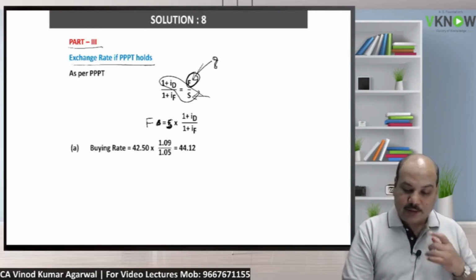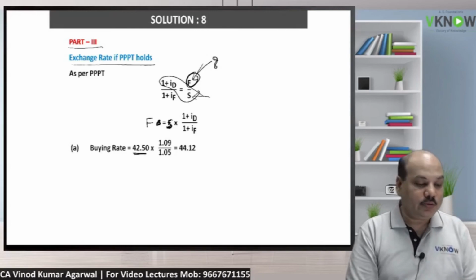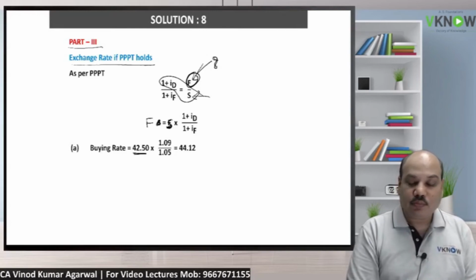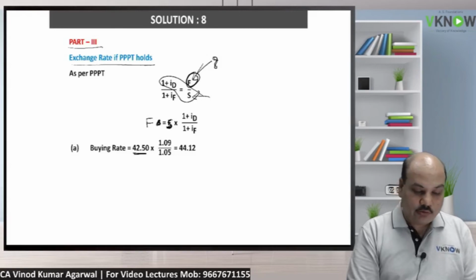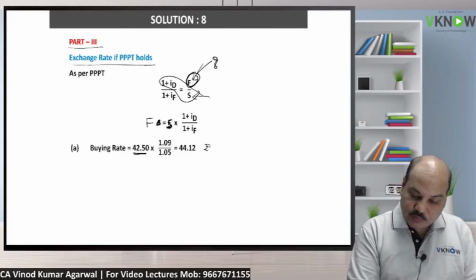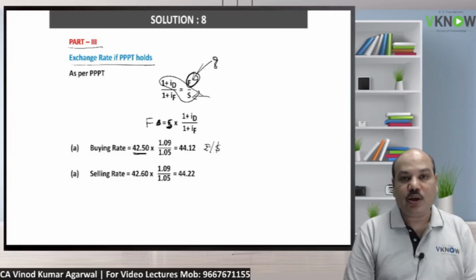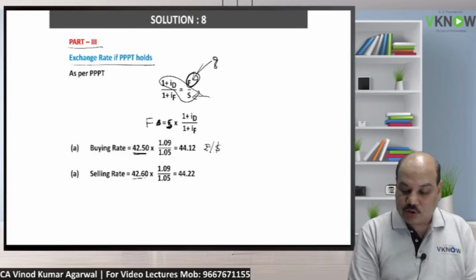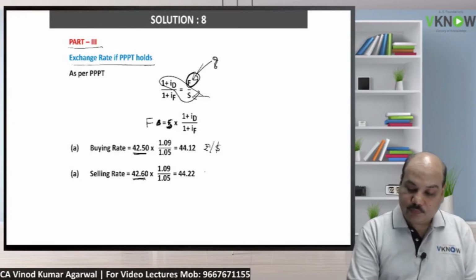So for the buying rate, the spot buying rate is 42.50. Check the question. Into 1.09 divided by 1.05. So that is 44.12 rupees per dollar. And the selling rate, similarly find the selling rate. In the question you are given the exchange rate 1 year ago, 42.60 into 1.09 divided by 1.05.